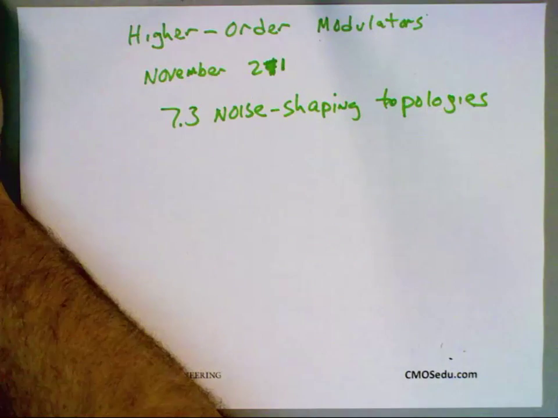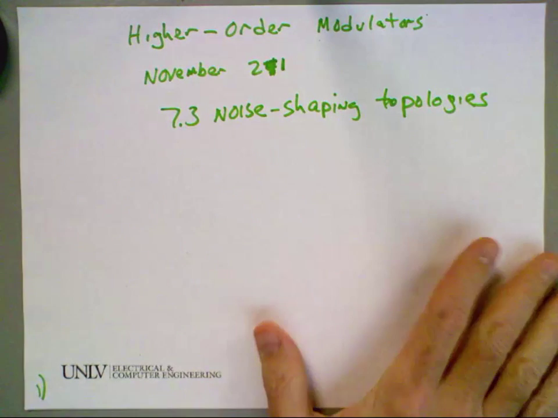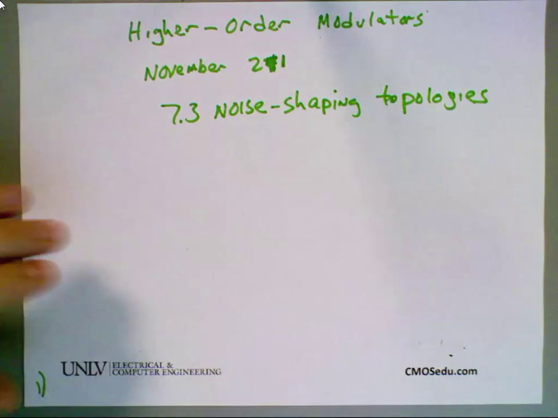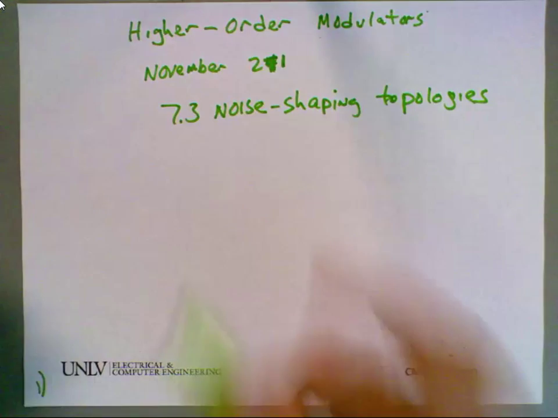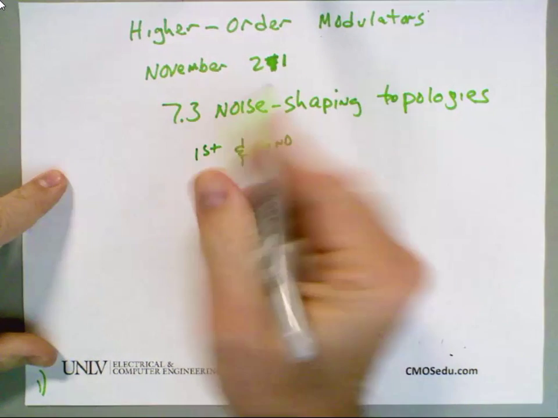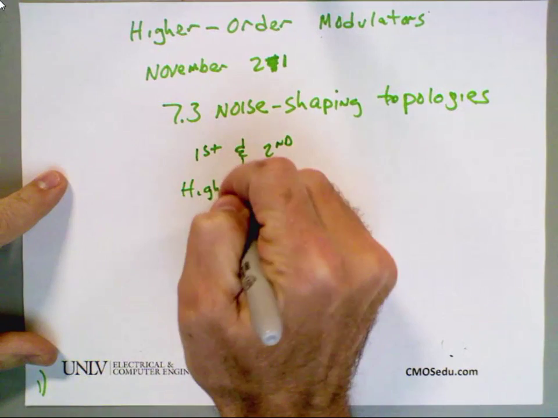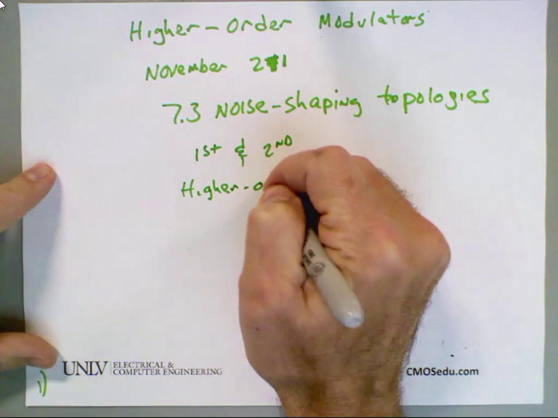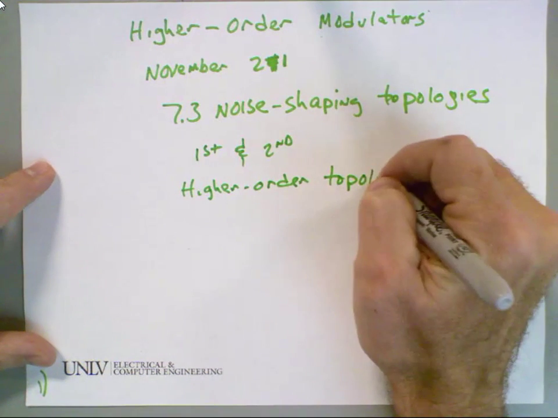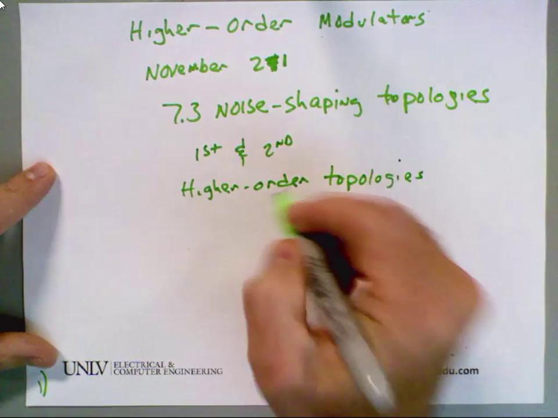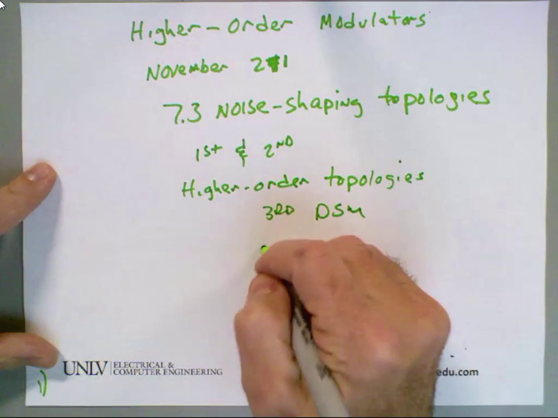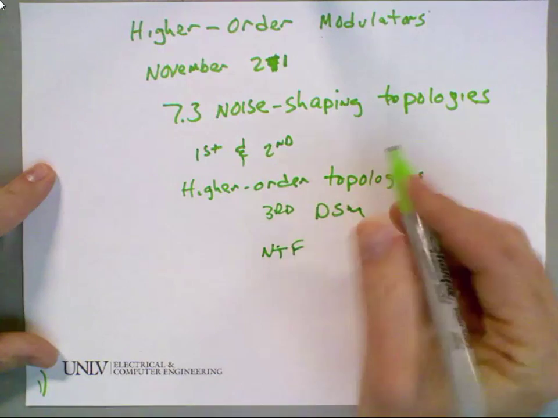Okay, so let's talk about noise shaping topologies. And so we've covered what order of topology? First and second. And so now we're going to cover higher order topologies. Just give me for a third order delta sigma modulator, what would the noise transfer function look like ideally?